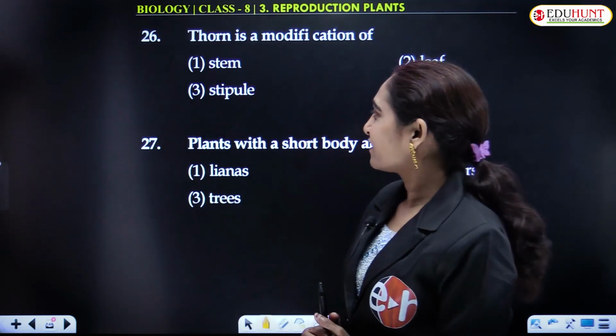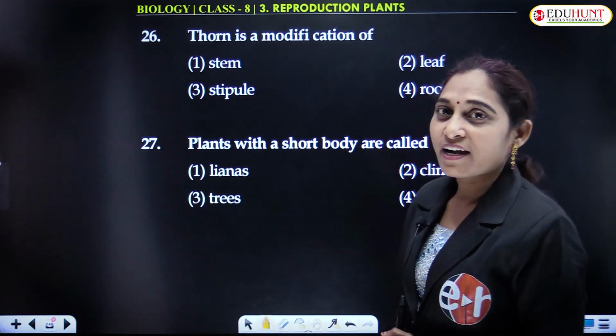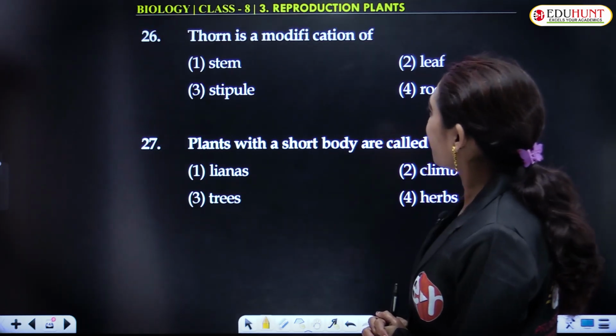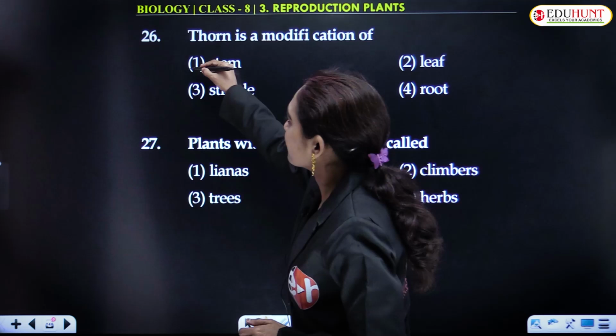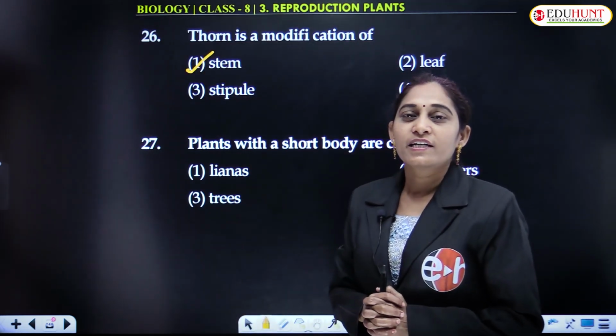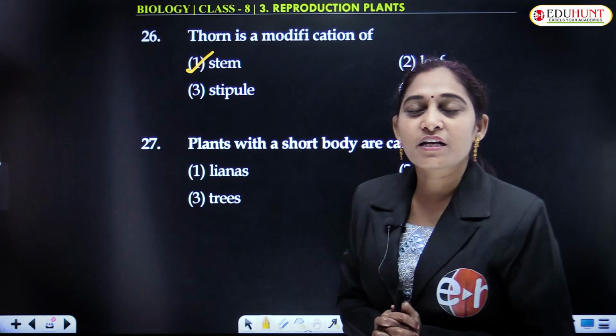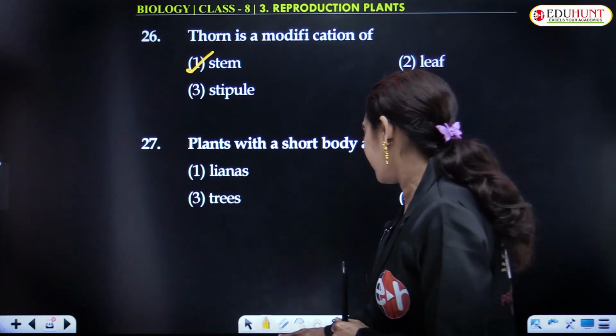Let's see. A thorn is a modification of stem. Students usually have a confusion between a thorn and a spine.